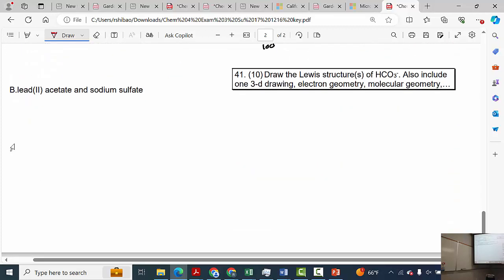So we could do the quantum numbers next. Yeah, etc. We can add more info for more points. Etc. means there's more stuff you can put into this. Do you remember doing this in class? And then one 3D drawing we'll have to do.